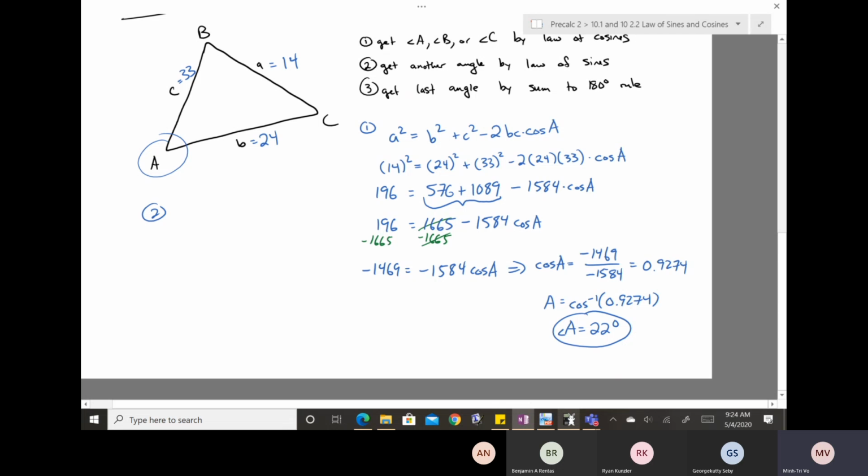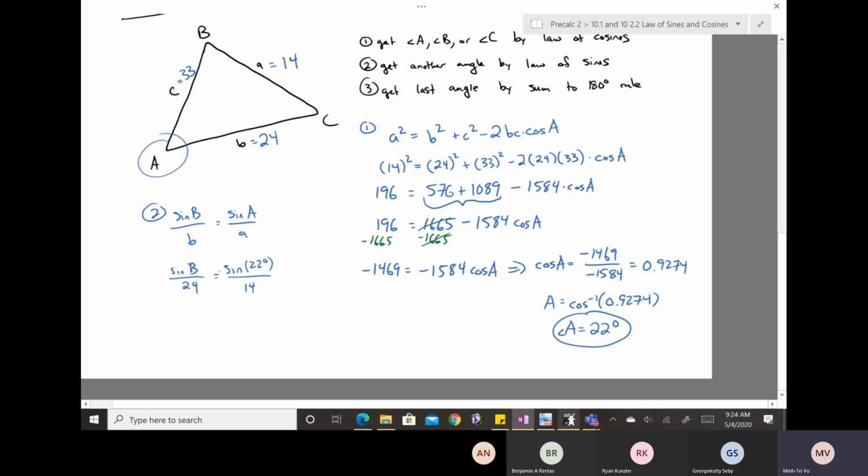So now we can switch to the law of sines again, right? So sine B over side B is equal to sine A over side A. So sine B over 24 is equal to sine 22 degrees over A, which is 14.